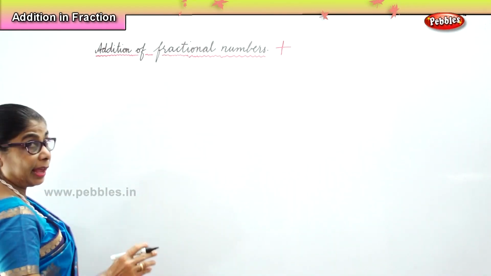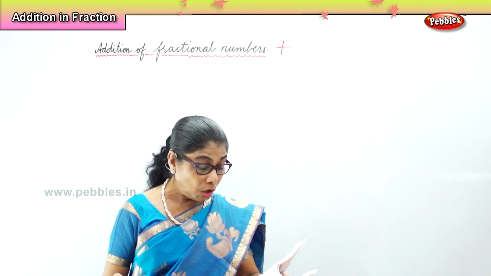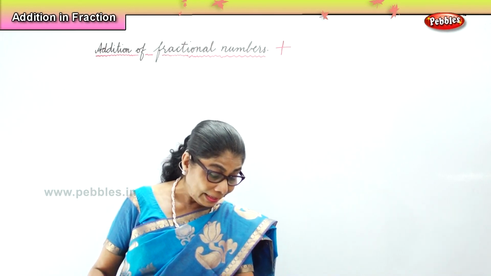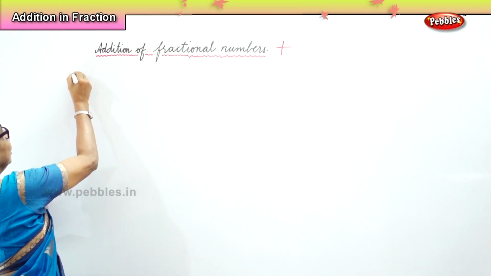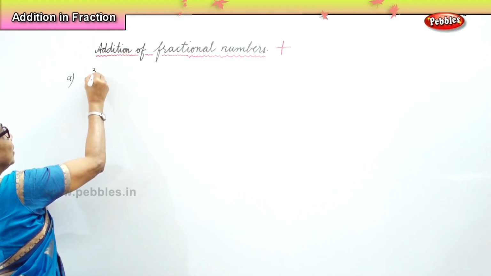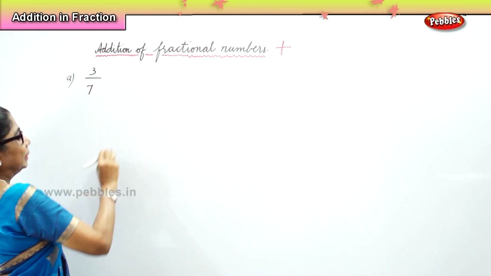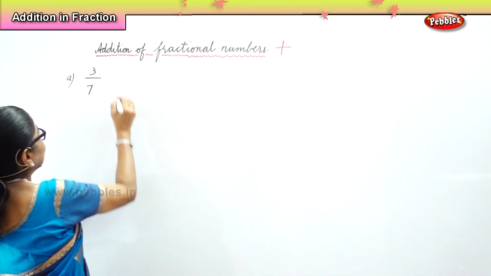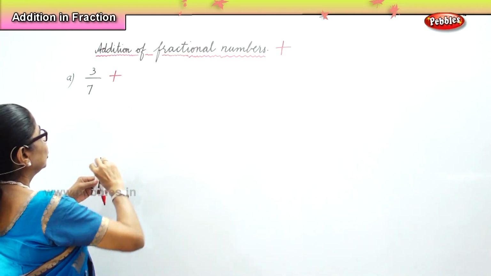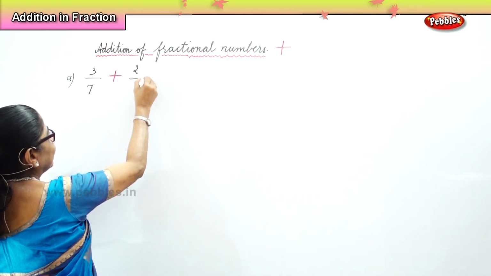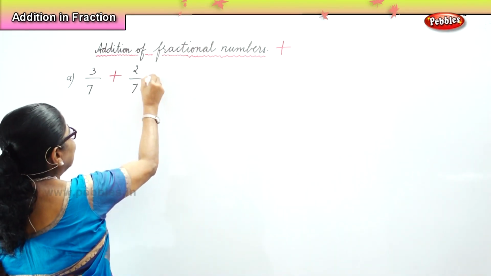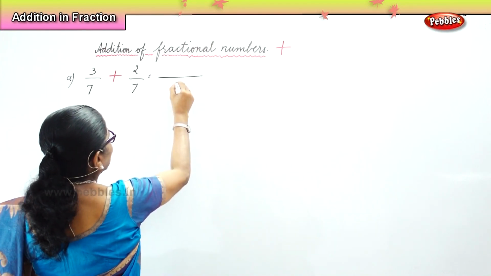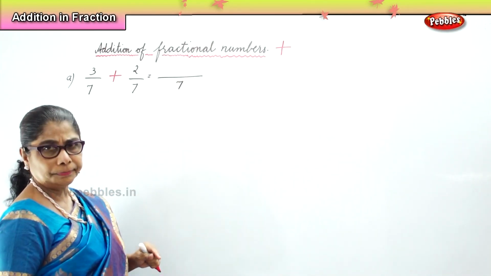Now, when we have the numerator different, but the denominator is common, then addition is easy. Let's say, for example, 3 by 7 plus 2 by 7. Here we have the denominator same, so you put down the new denominator.